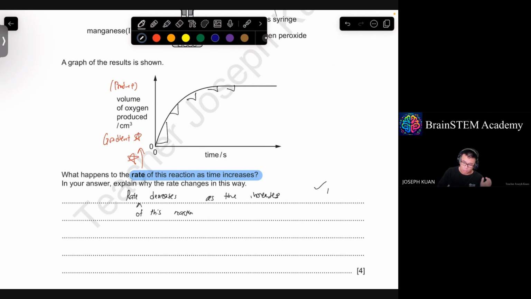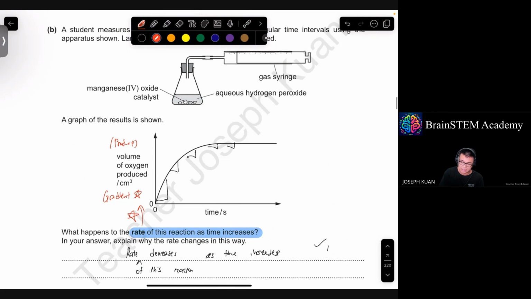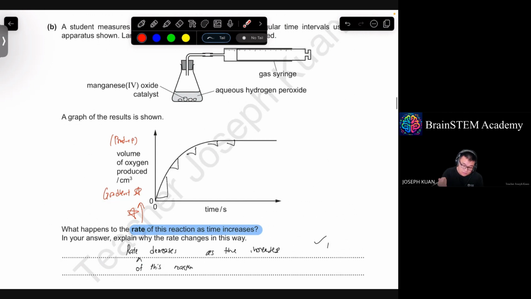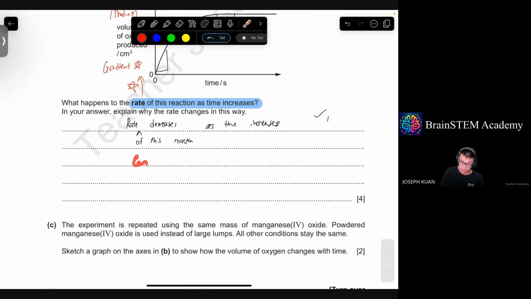Now, why is that the case? The reason is because your amount of reactants is getting used up as the reaction progresses. That actually causes the concentration of reactants to decrease over time.